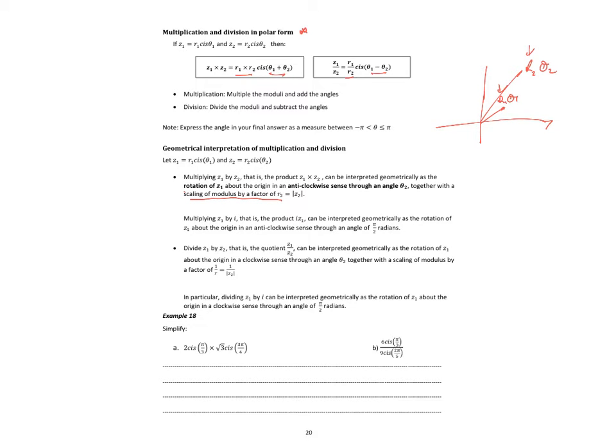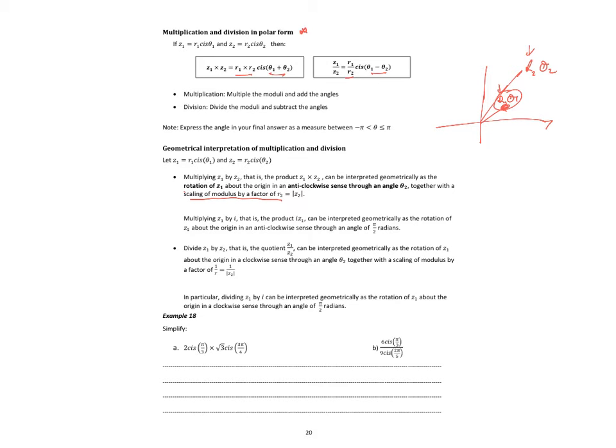Okay, so my magnitude is going to be affected by a factor. So it might increase by a factor of 2 or increase by a factor of 3 or by a half, depending upon the magnitude of the second radius.